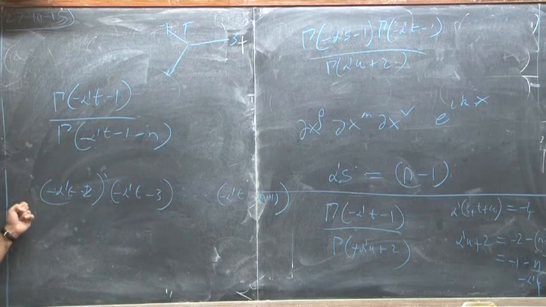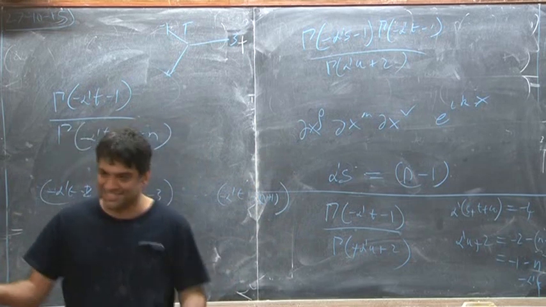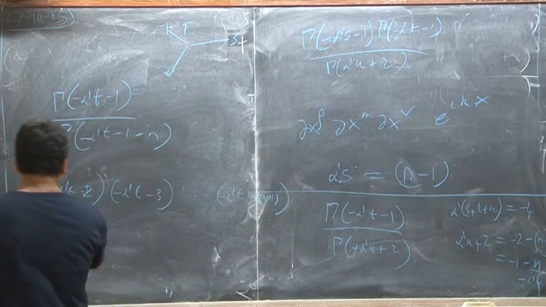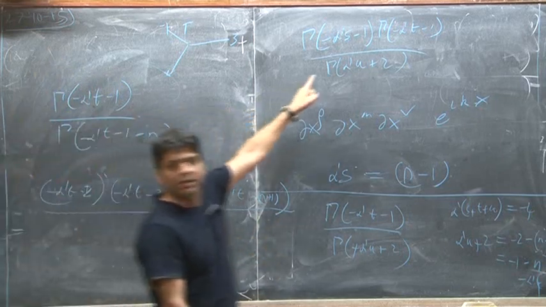How many such terms are there? 2, 3, up to n plus 1. So n such terms. So this is up to an overall number that comes from the strength of the pole, which you have to calculate.